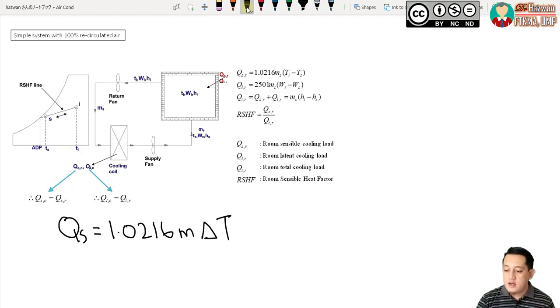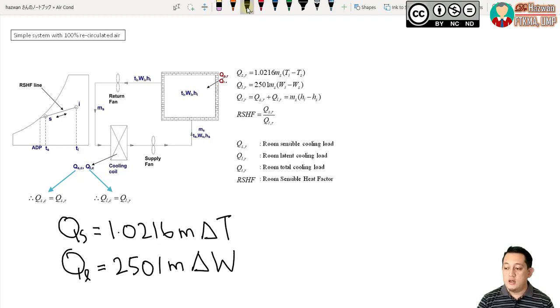The next one is latent heat. For latent heat, QL equals 2501 times the mass flow rate multiplied by delta W. Do you still remember what W is? W here is the humidity ratio, inside and outside.